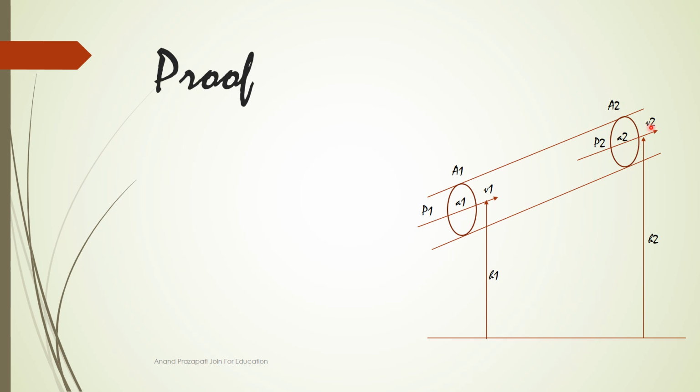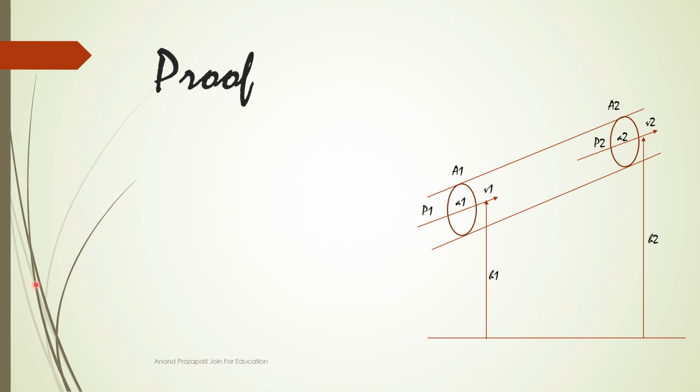We know displacement per second means displacement by time, and force into displacement equals work done. So work done per second at A1 will be P1 A1 V1, and work done per second at A2 will be P2 A2 V2.